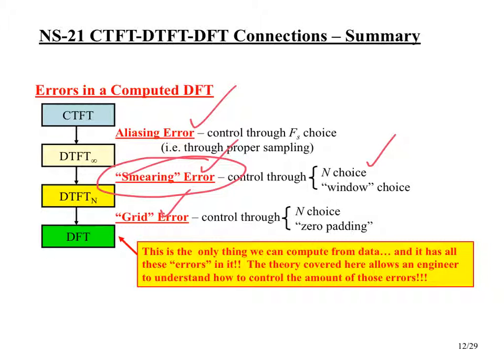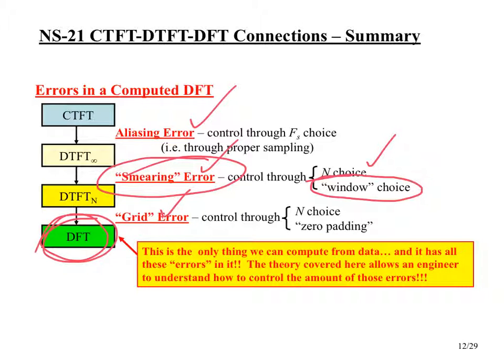But we're now going to focus on window choice. We don't have to just collect data as if we're using a rectangular window. We can taper this data. We can apply a window of any shape that we wish, and we'll see why we might want to do that.